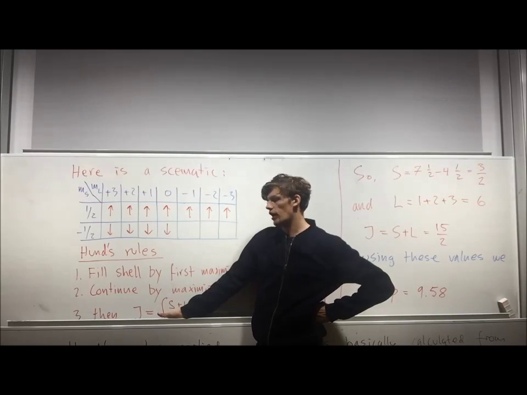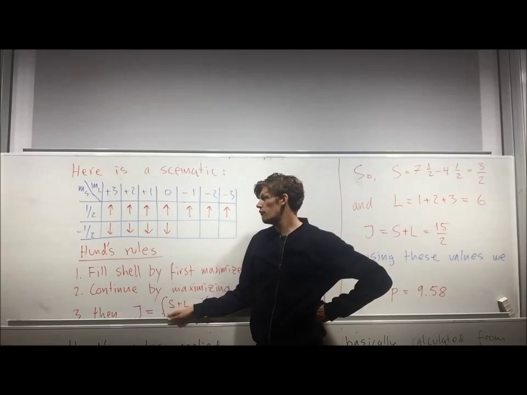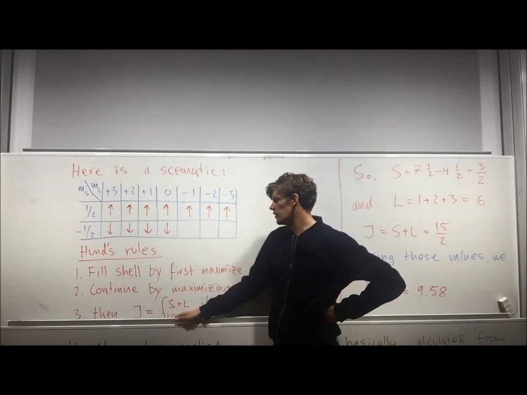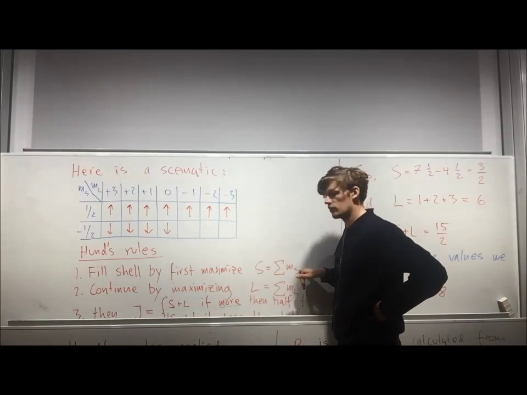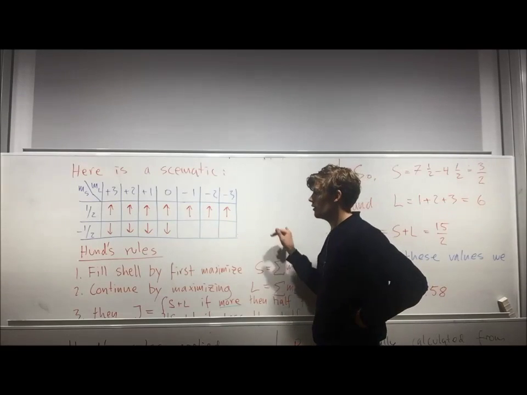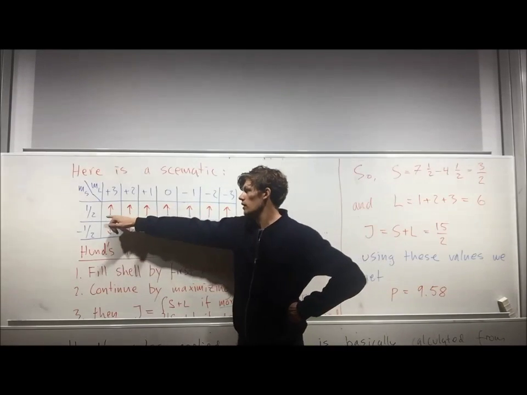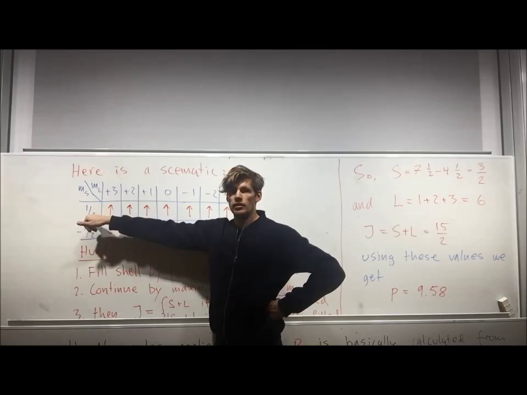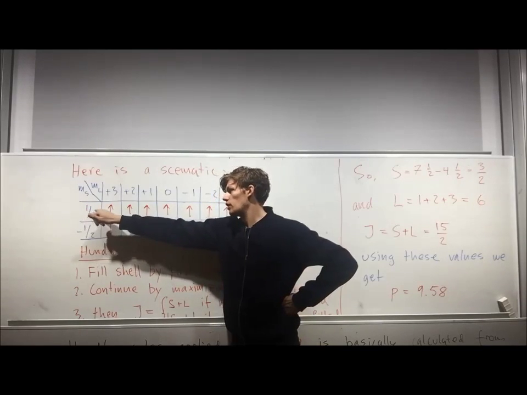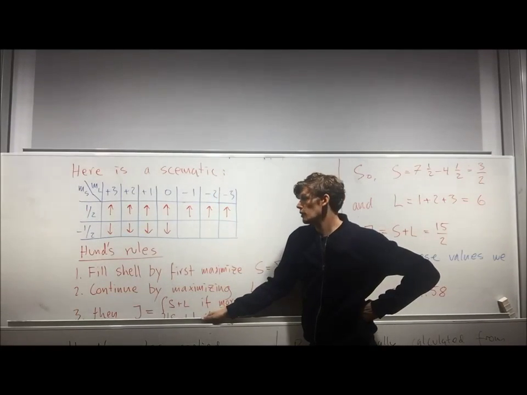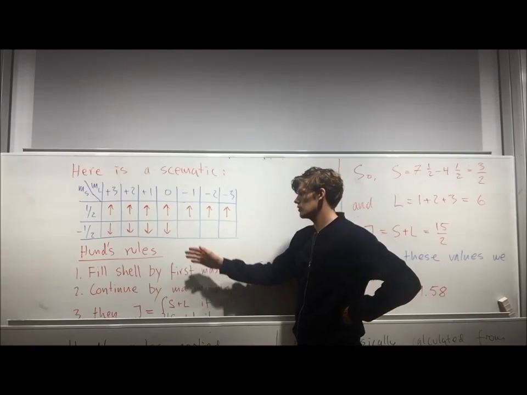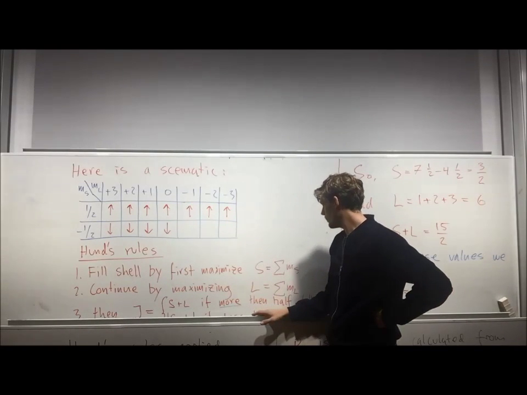Hund's rule says that you fill these shells first by maximizing the total spin angular momentum. That means that we put the electrons in the positive value for the spin quantum number, which includes the 7 electrons with spin up here.